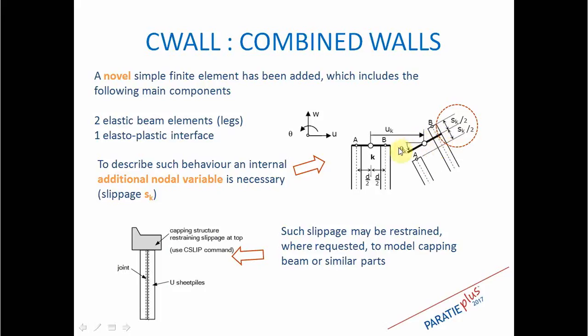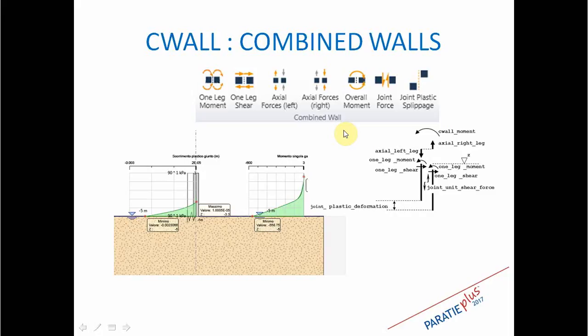Doing so, we can describe the behavior of such element. By the way, a way of thinking like that is often used in many finite elements provided in other programs, for example, for those elements that can model the warping behavior of beams.